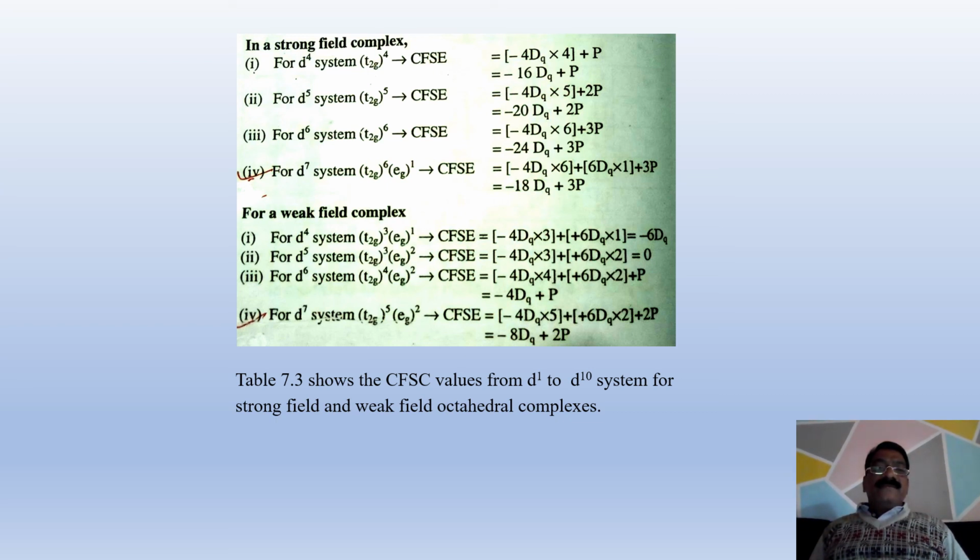For the d6 system, minus 4 Dq plus 1 pairing, and for the d7 system, t2g5 eg2, that means minus 4 Dq into 5 plus 6 Dq into 2, plus 2 pairings, so minus 8 Dq plus 2 pairing. This is explained in the above figure, and we have the particular CFSE for the particular ions in strong field as well as in weak field complexes.